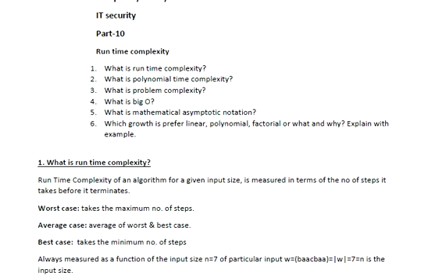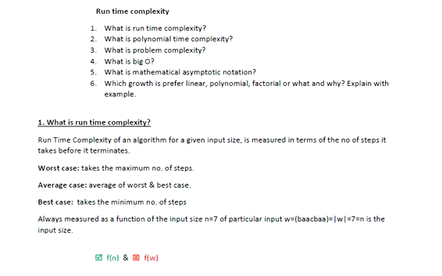Now the best case, which takes the minimum number of steps for an algorithm to terminate. And the third one is called the average case, which is the average of the worst case and the best case. Now, it is always measured as a function of the input size n.